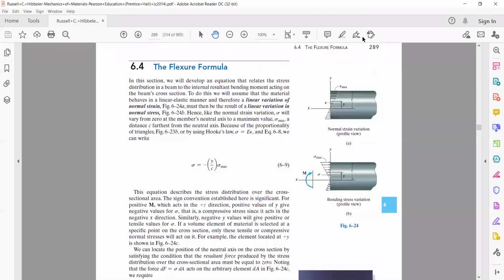Okay, so we just saw that the value of the strain is equal to minus y by c times the maximum strain. If this material is loaded in such a way that there is a linear relation between stress and strain, I mean to say that the stress produced in the section is equal to Young's modulus times the strain.